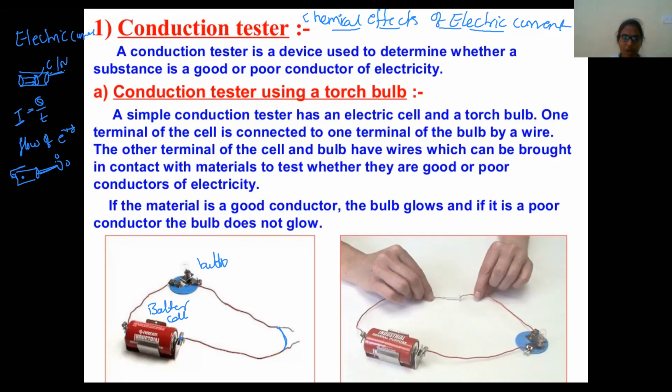Right, children? A closed circuit is required to flow the current. If the circuit is open somewhere, what happens? The current does not move. I hope this is clear.